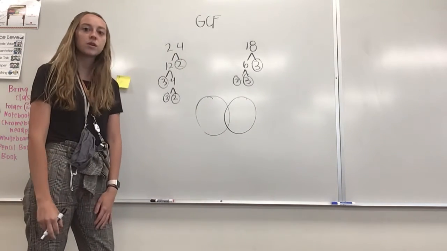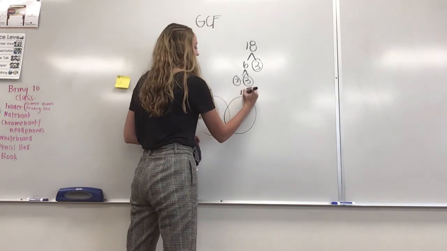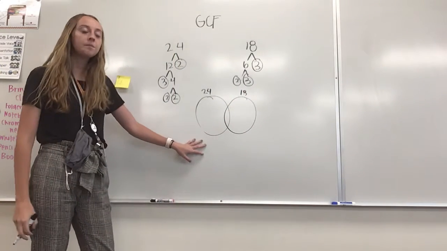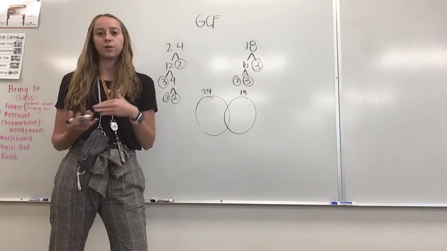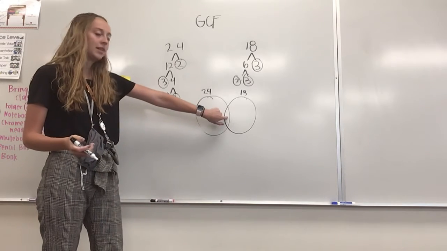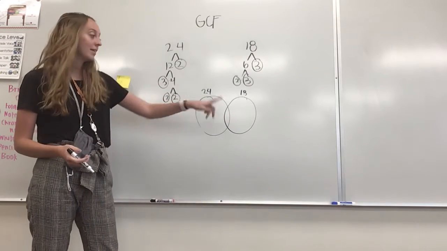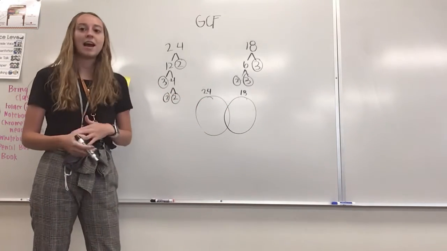It's just two circles. I'm going to have this side be 24 and that side be 18. And just like a normal Venn diagram that you would use for writing or for other things, I put things that are the same in the middle.